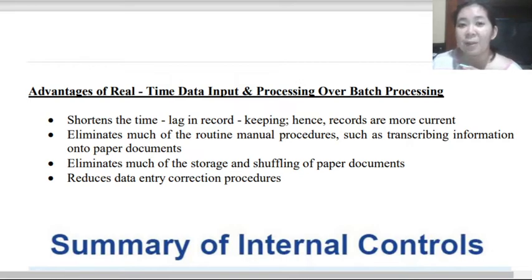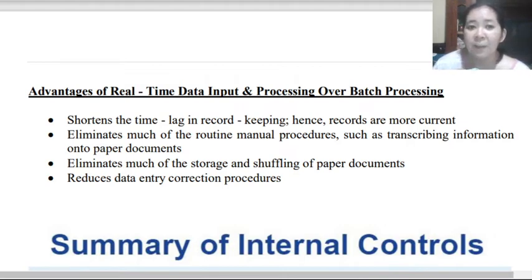Normally, there is a log time in recording, which makes the process longer. But if this is done in real time, it will shorten this record keeping. Hence, records are more current.